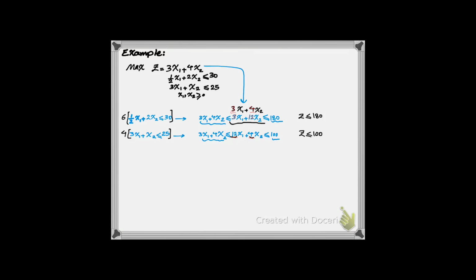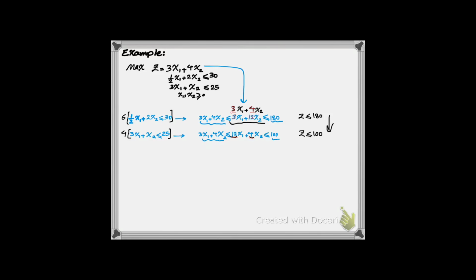So if I find the minimum value that my objective function can be bounded by, basically I can find a maximum value for my objective function. As you see, this time we can approach the problem differently. We're trying to find to what extent we can reduce the right-hand side of this constraint, because that minimum value is equivalent to the maximum of our objective function.